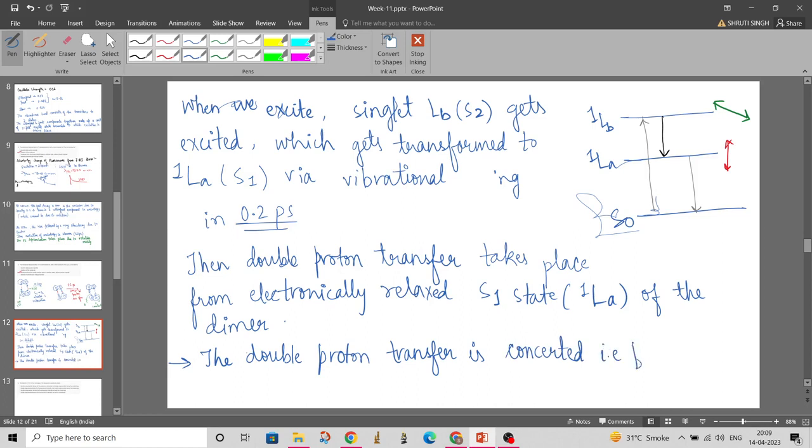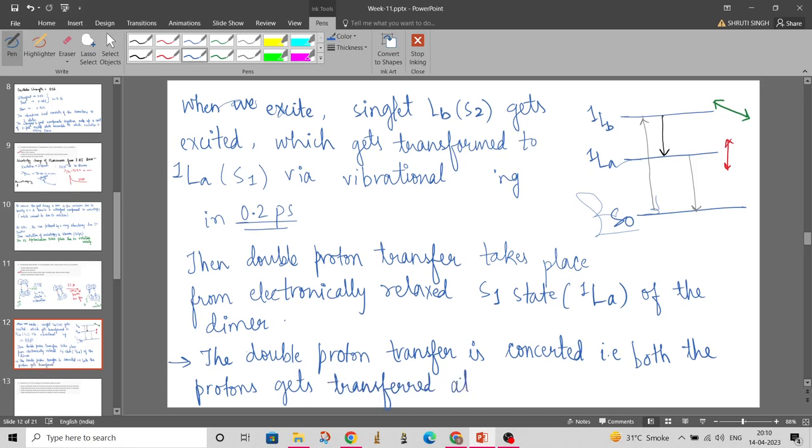That is, both the protons get transferred at once, and not one at a time, in 1.1 picoseconds. So the 1.1 picosecond component is associated with the proton transfer, both at once.